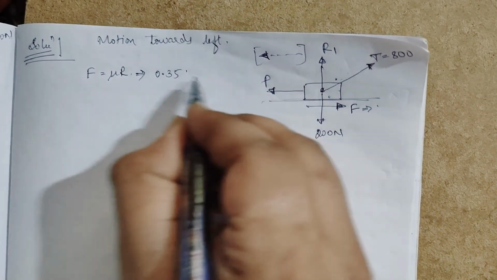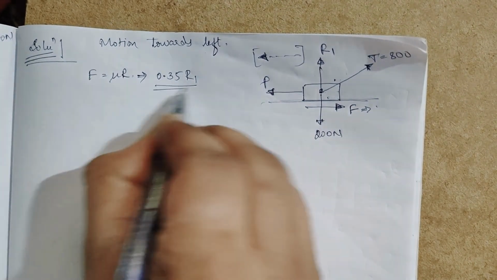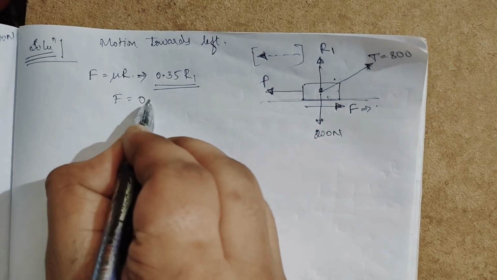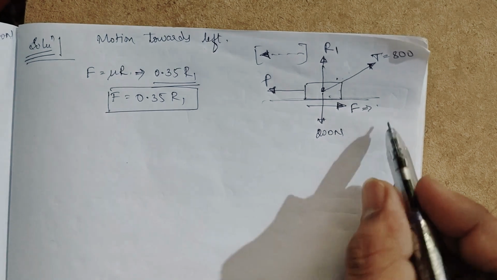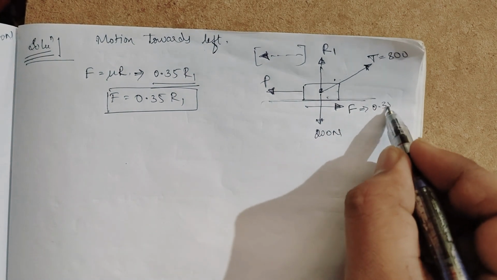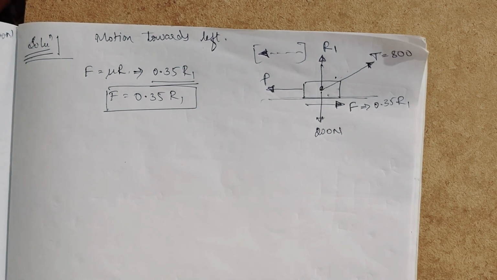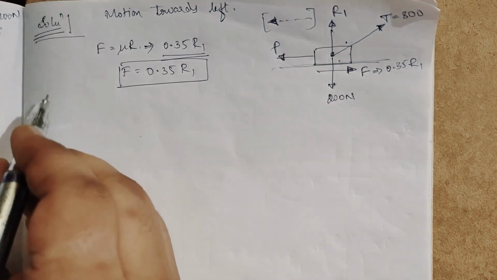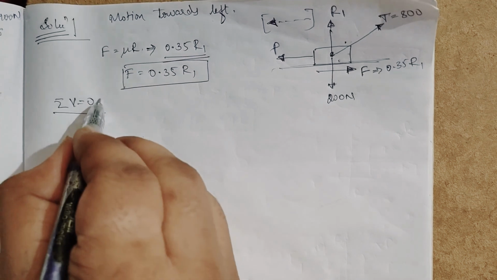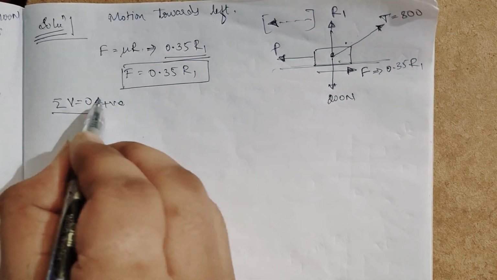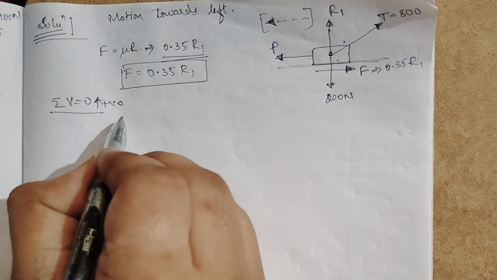So I'll take R1. F is equal to 0.35 R1. Now I'll resolve the forces one by one. First I'll take vertical forces, sigma vertical taking upward as positive. So what are the vertical forces now?